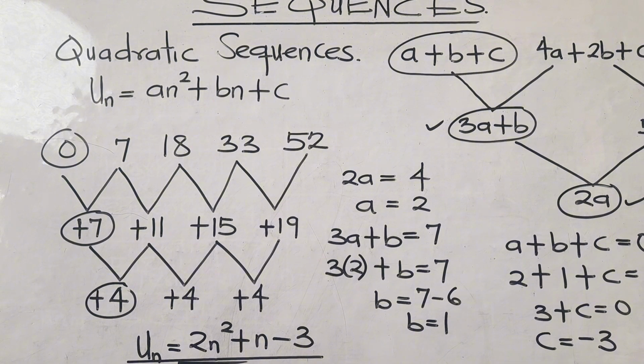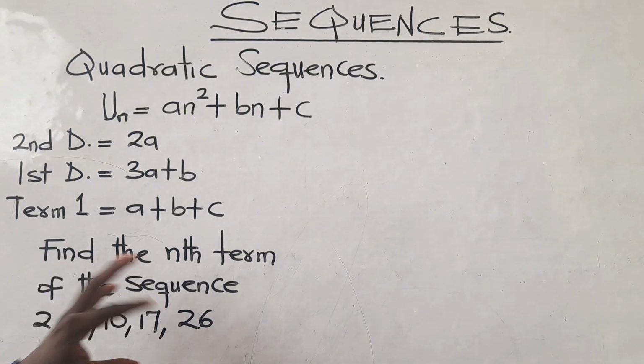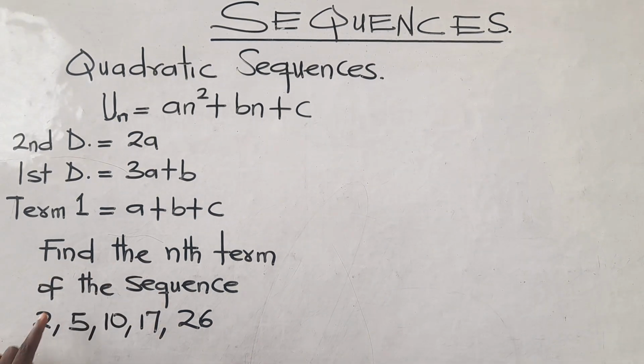Okay, to buttress this point better, we have another question. Find the nth term of the sequence 2, 5, 10, 17, 26. So what we do is to get the differences.